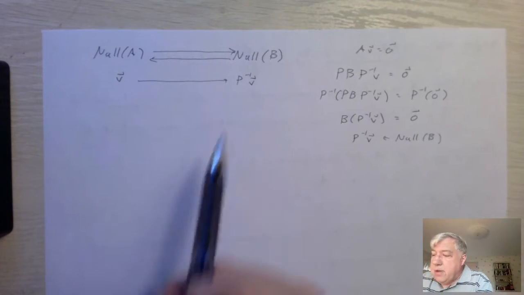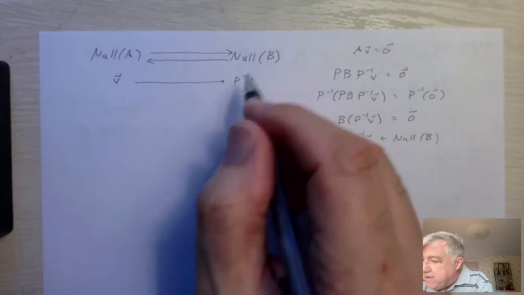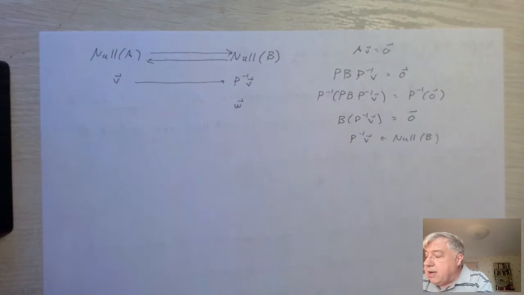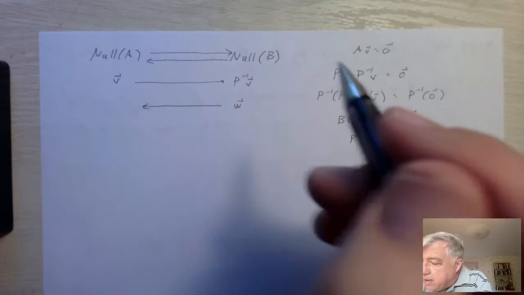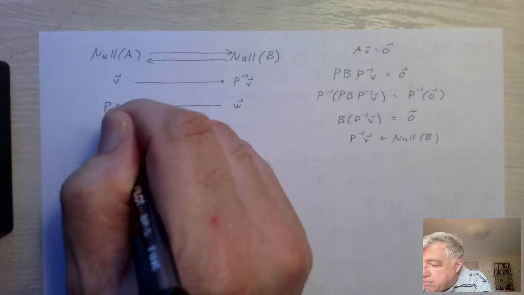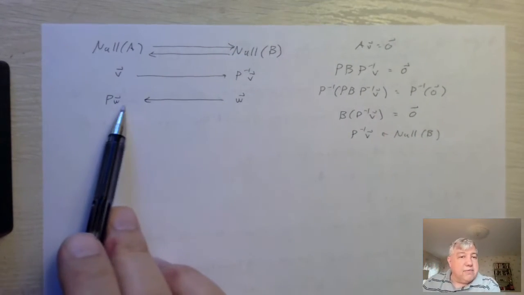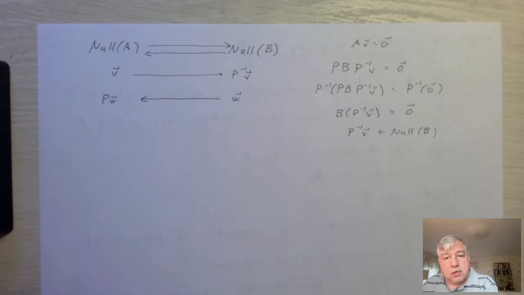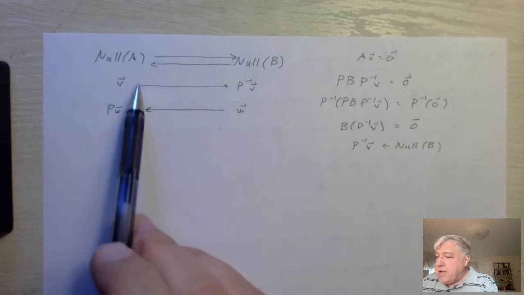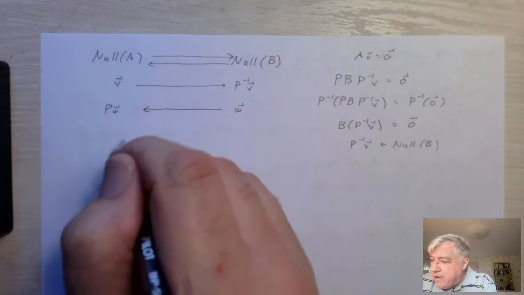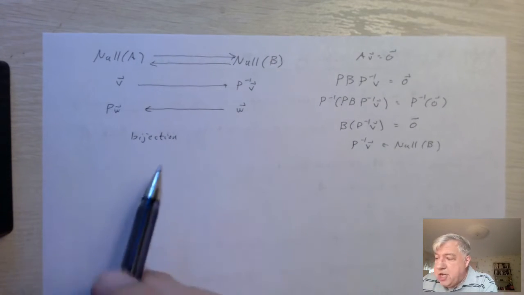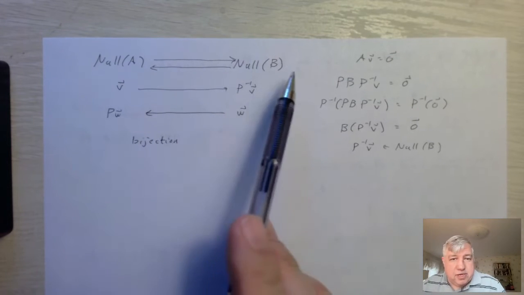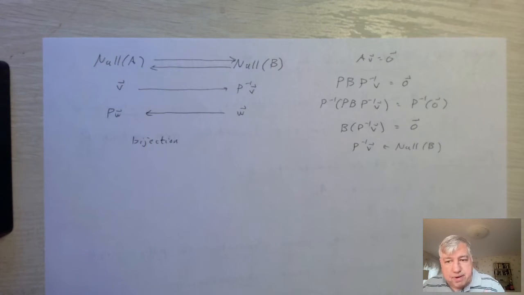And then similarly, if you take a vector W in the null space of B, you can similarly prove that P times W will be in the null space of A. So what we have here is a bijection. A bijection is a function from one set to another which is 1 to 1 and onto, if you remember that.